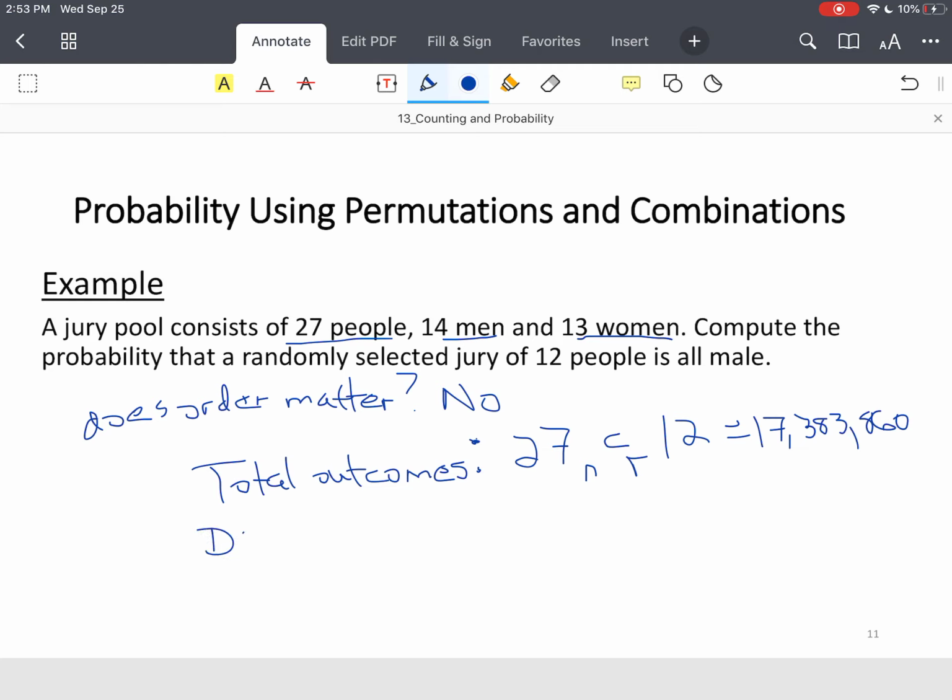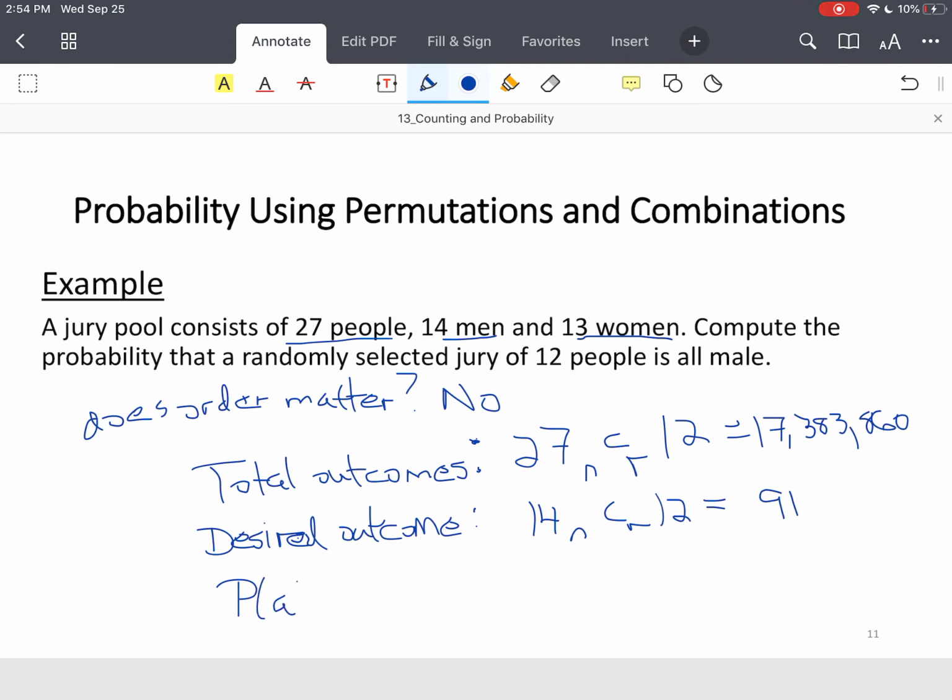But our desired outcome is an all-male jury. You have 14 males. Again, order doesn't matter, so nCr, and we want 12 of those 14 to be on this jury. That's 91 potential outcomes.